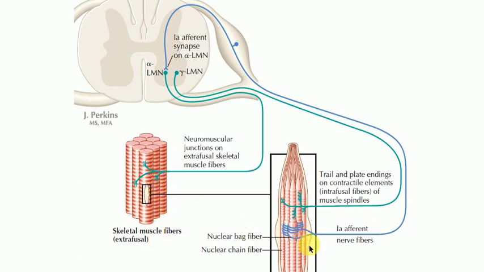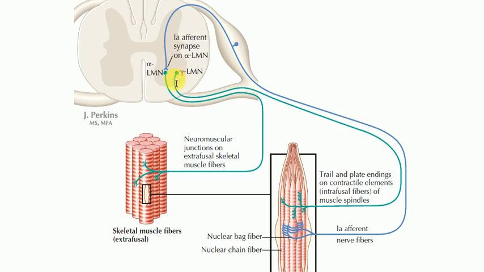That lengthening is sensed by these blue 1A afferent fibers, and the information is sent directly to the extensors, the quadriceps muscle, and those quadriceps muscles contract and cause the knee jerk.